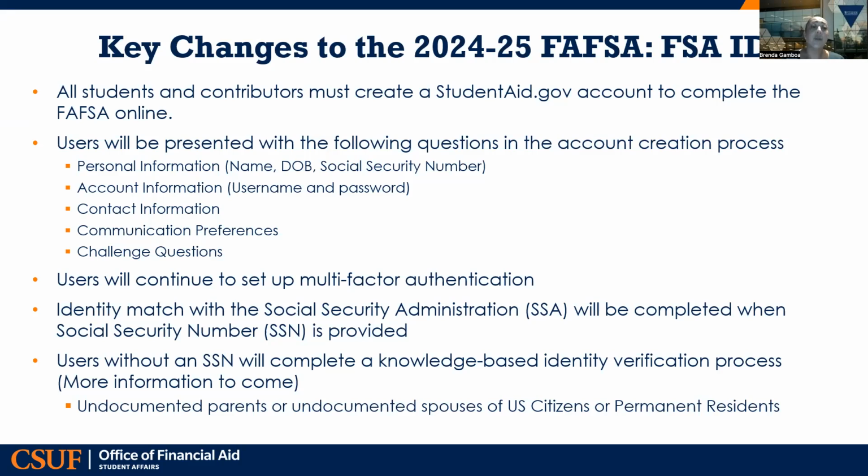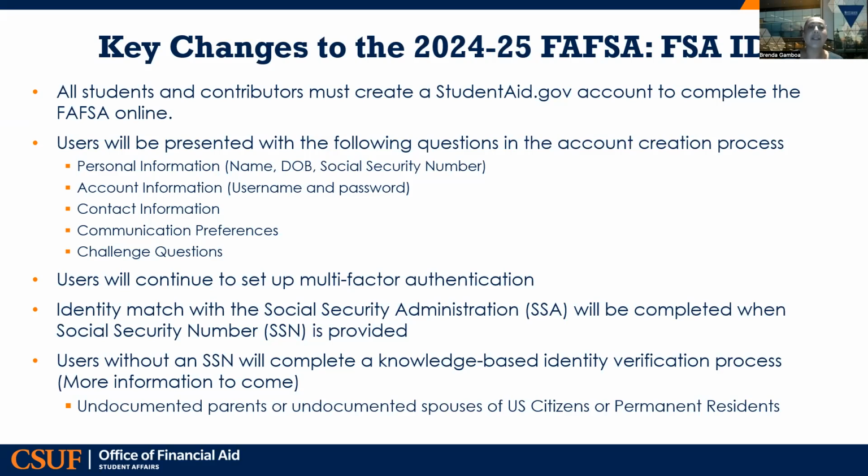Okay, so users will be presented with the following questions in the account creation process, which is the personal information, which includes your name, date of birth, social security number, account information, so a username and password, contact information, communication preferences, and then challenge questions. The challenge questions are there so that if you get locked out of your account, you'll answer these challenge questions to log into your account.